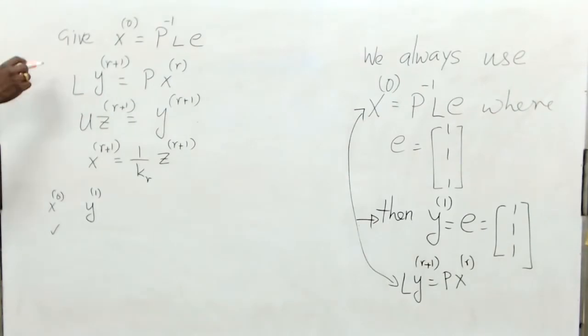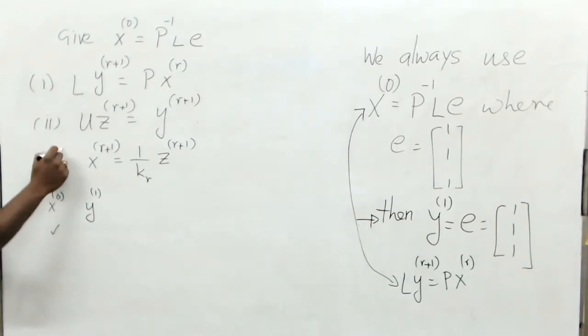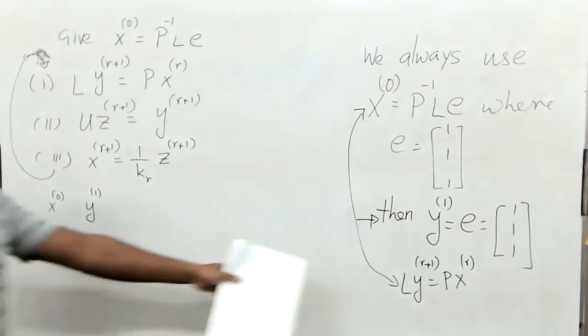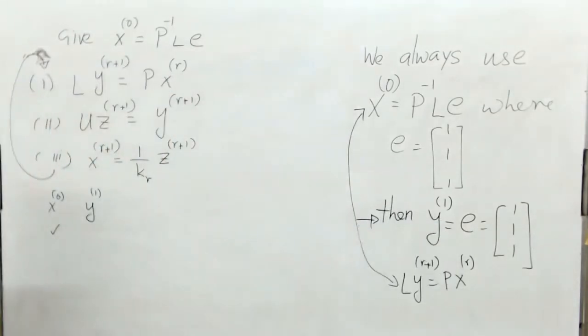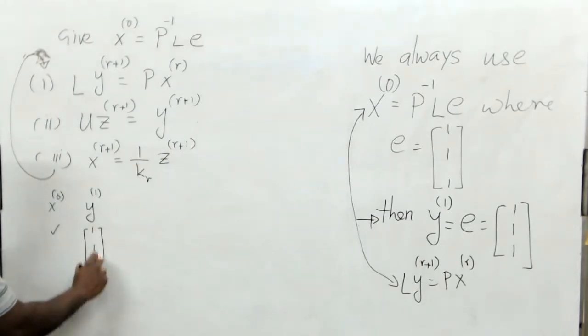So in this order you have to do: first you solve this, second you solve this, third you solve this, and then you go back to here again. This is how the iteration works. So y1 turned out to be E, so that is 1, 1, 1.